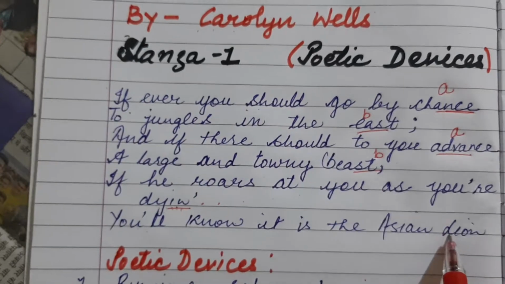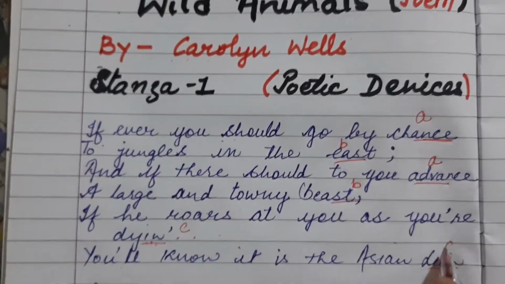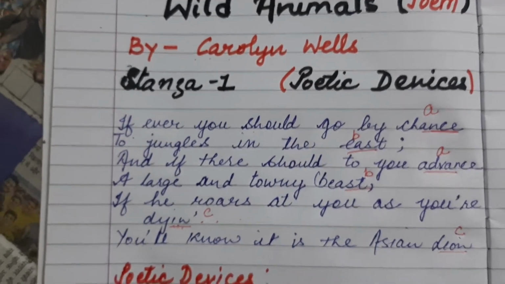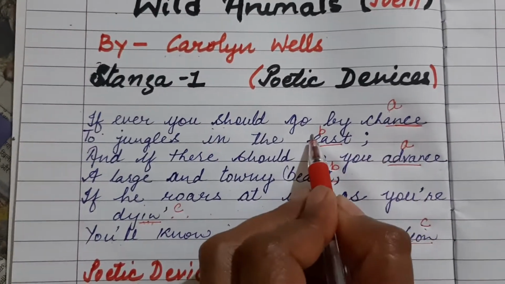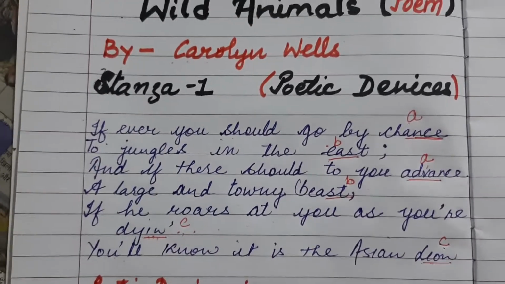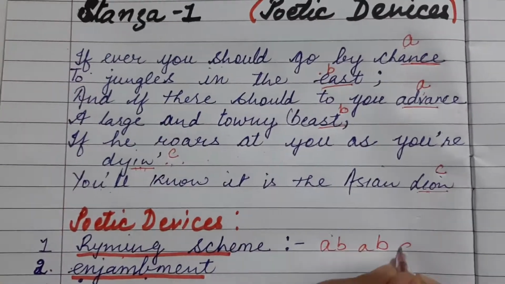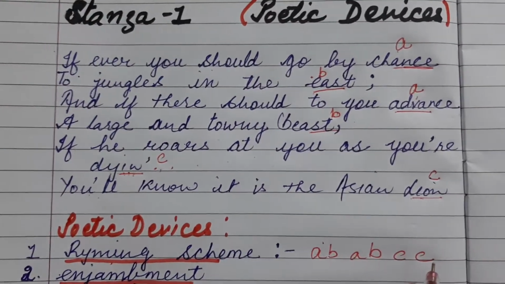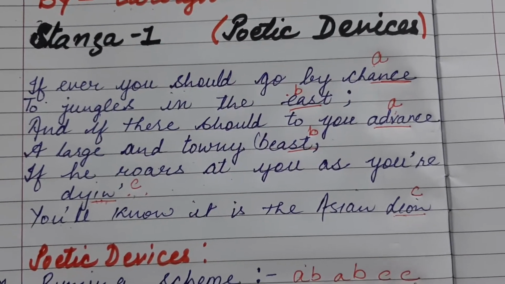Dine is rhyming with line. So we will write C here. So what is the rhyming scheme here? We can see this is A, B, B, C, C. Right? So similarly, you will find out the rhyming scheme of the other stanzas.